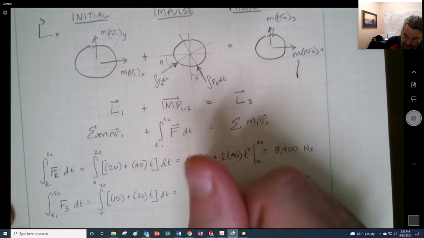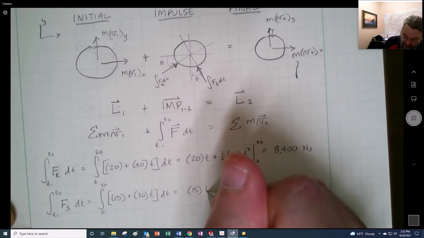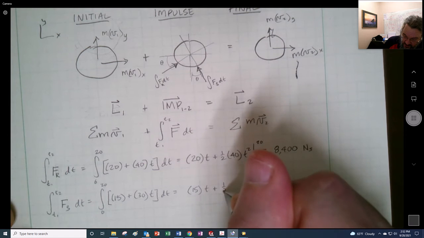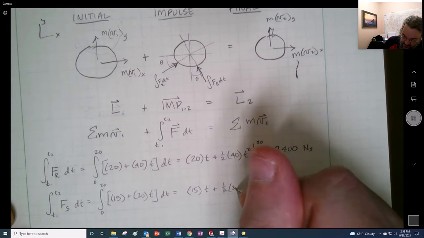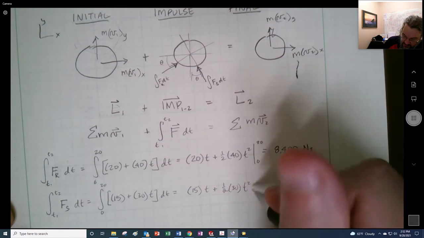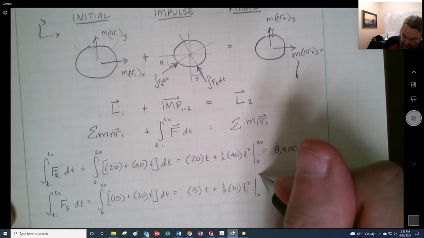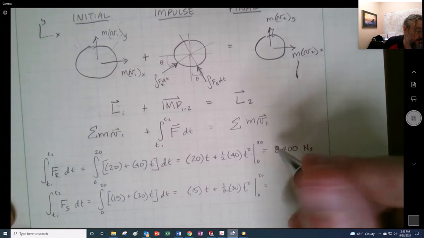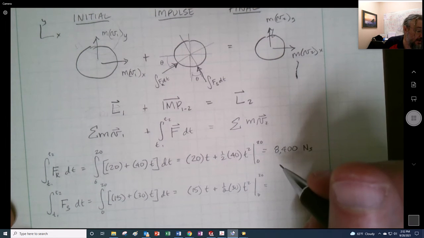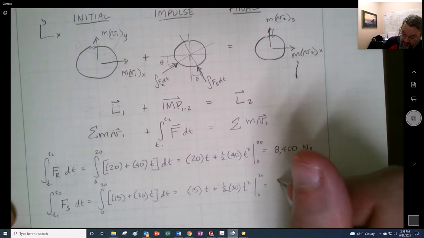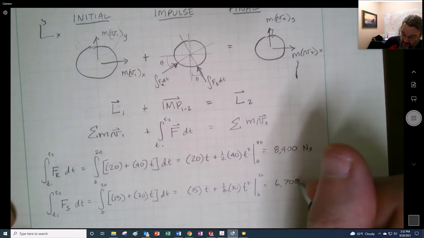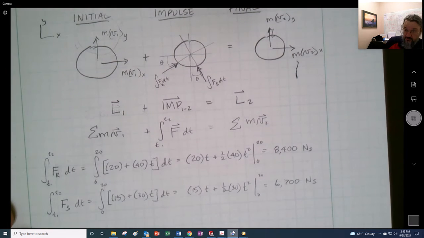That's going to be equal to 15t plus 1/2 30t squared, going from 0 to 20. And I believe that I got, what did I get? 6,700 Newton seconds.